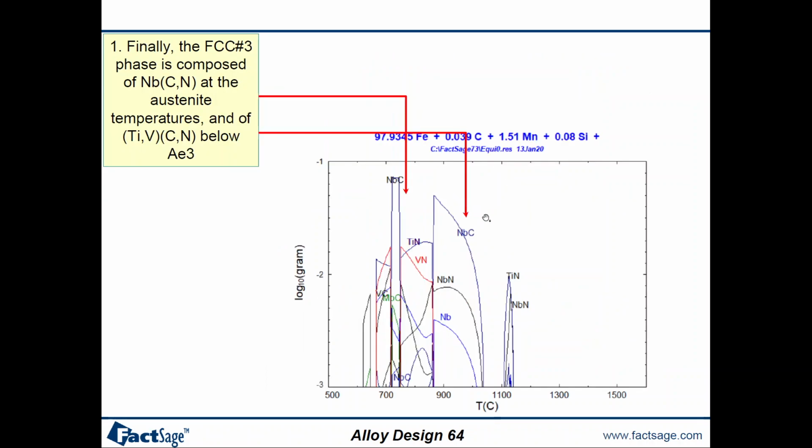Finally, if we draw a similar diagram for the FCC#3 phase, in the austenite region we have primarily niobium carbonitrides, and below the A3 temperature we have titanium and vanadium carbonitrides.